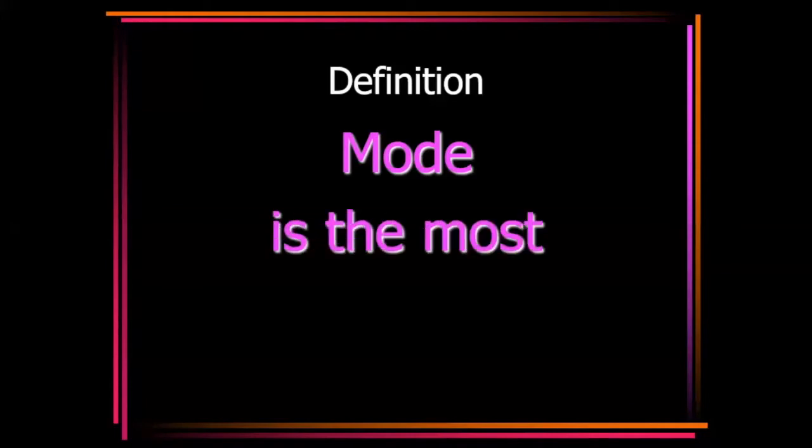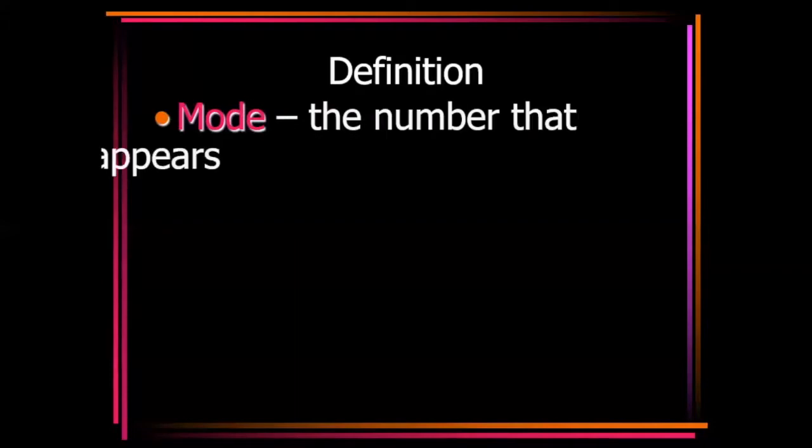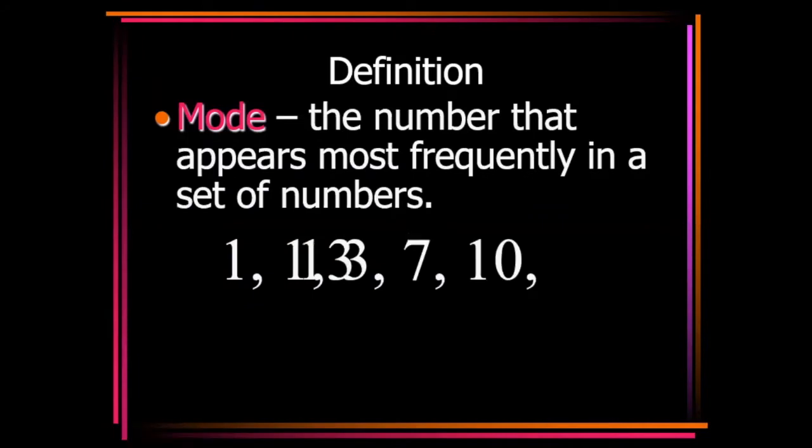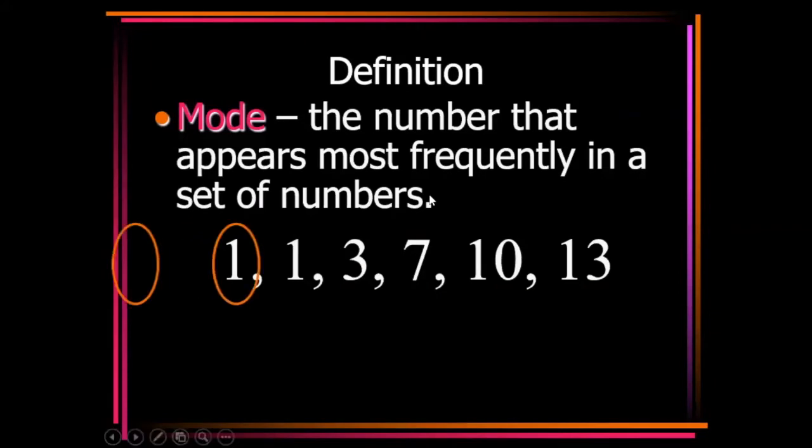What is the most popular number, or like a lot of you said, the number that occurs the most? Mode: the number that appears most frequently in a set of numbers.